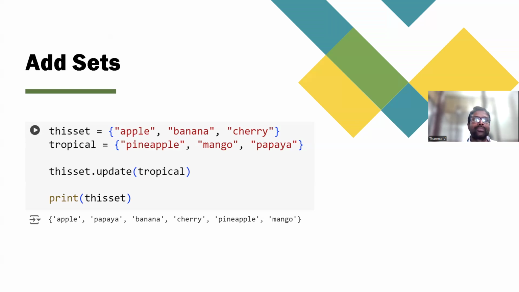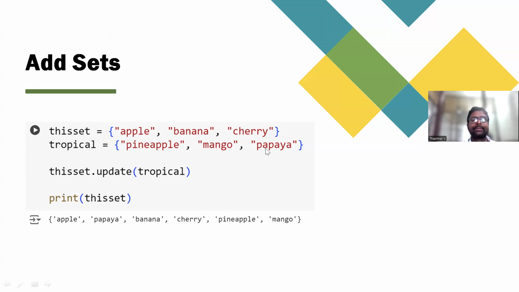So you can see here, this set is the name of the collection variable. It contains three elements: apple, banana, and cherry. And there's another set called tropical, which contains pineapple, mango, and papaya.